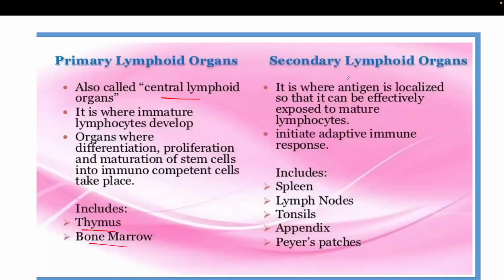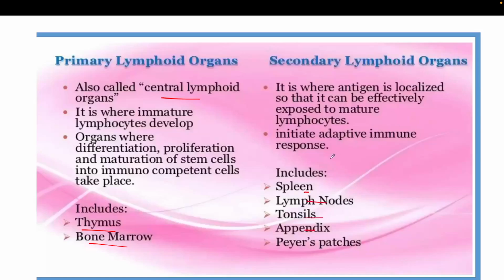Whereas in the secondary lymphoid organ, the mature lymphocyte will encounter the antigen, and based on the antigen encounter, it will effectively differentiate or proliferate for mass production. It is part of the adaptive immune system, and it includes the spleen, lymph nodes, tonsils, appendix, and Peyer's patches.